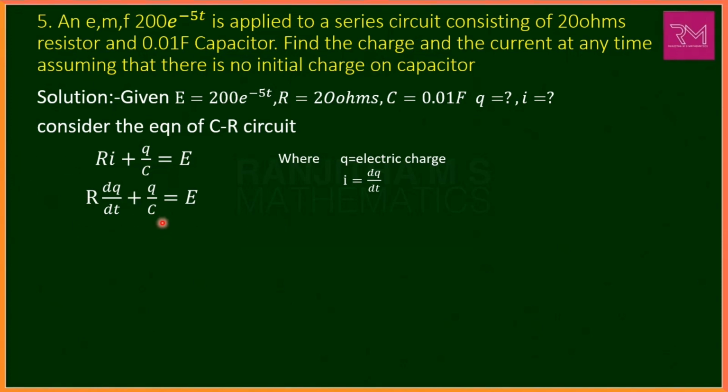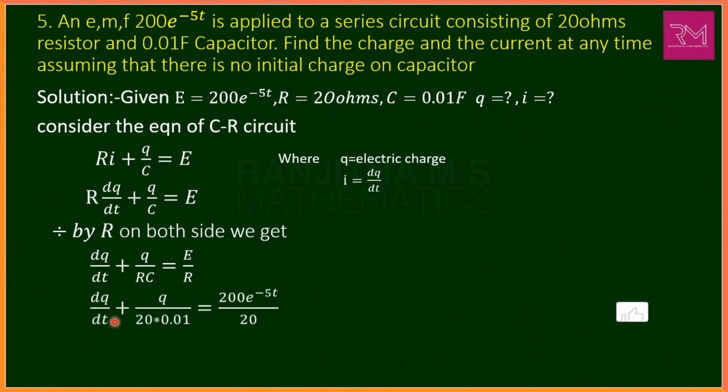Next step, as before, we have to find the general solution for this differential equation. For that, we have to reduce this to a linear differential equation. Therefore, we divide throughout by R. We get dQ by dt plus Q by RC is equal to E by R. Substitute all the values: R is 20, C is 0.01, E is 200 e to the power minus 5t.